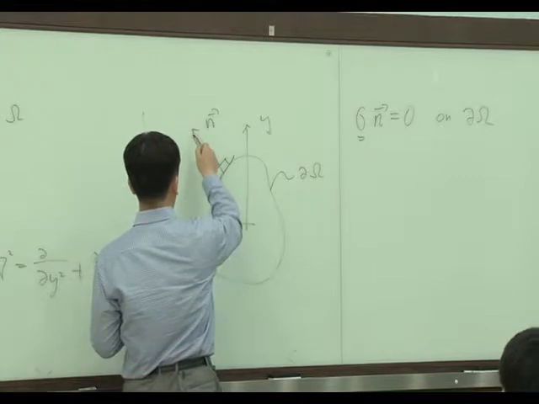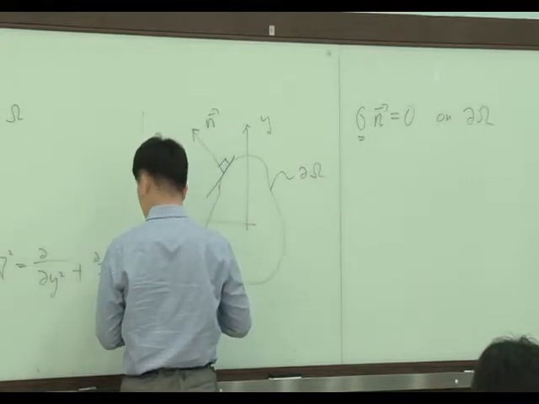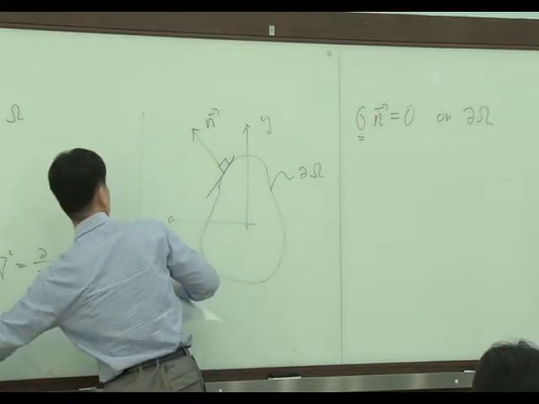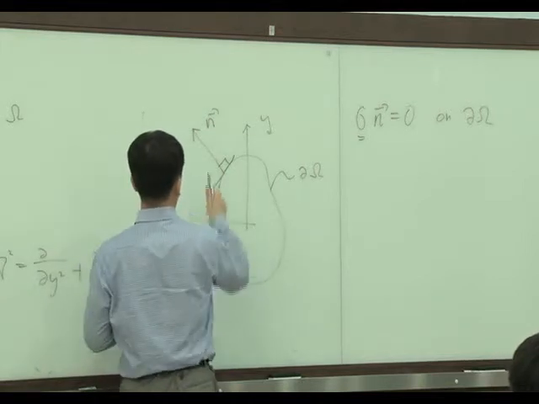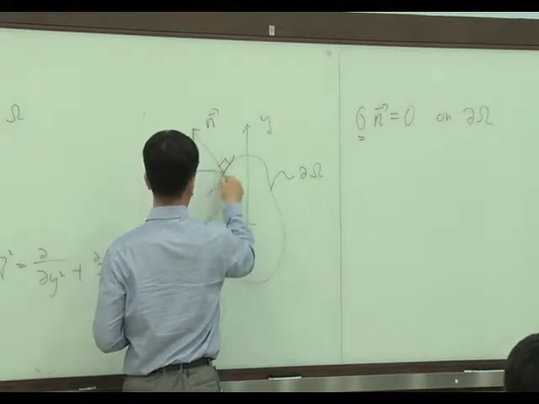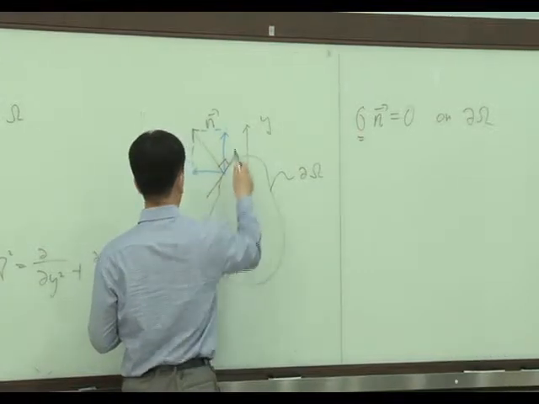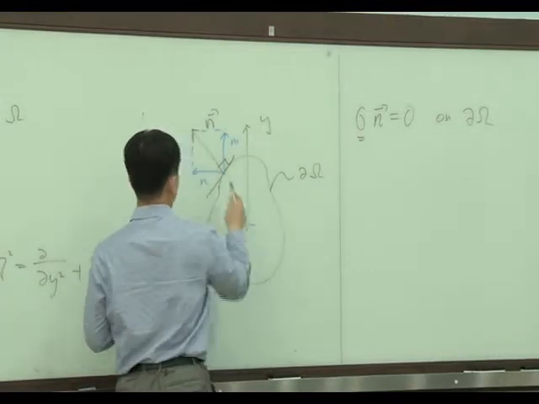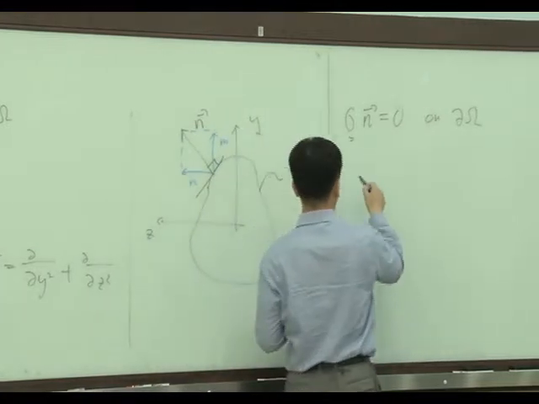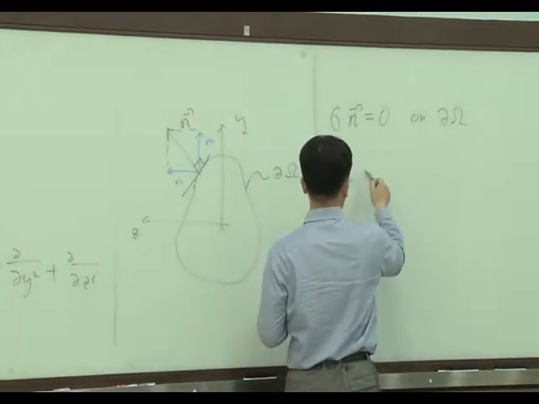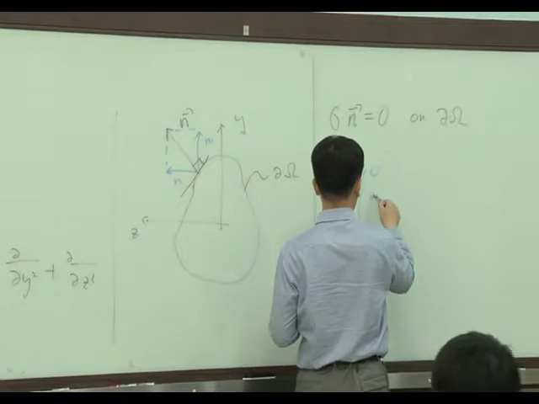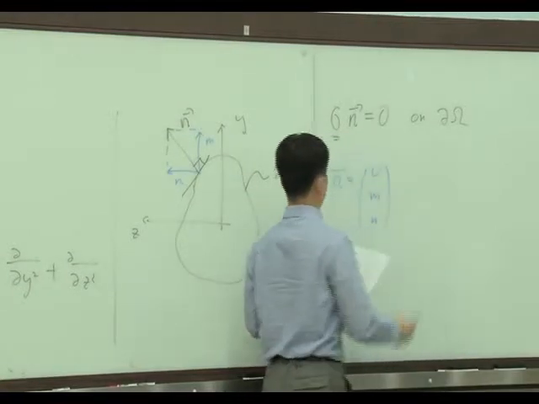Okay, and let's divide this vector n into two components, m and n. So n becomes 0, m, n, right?